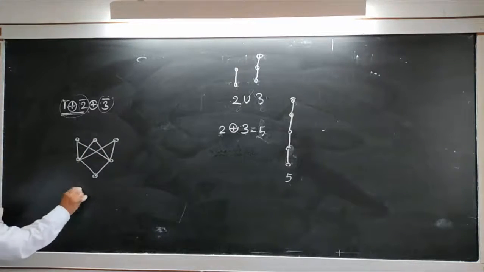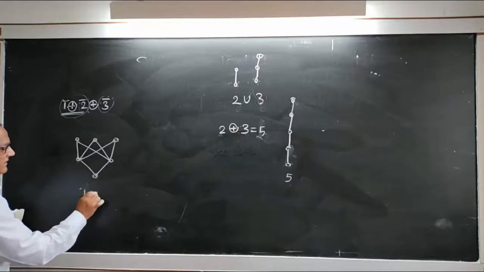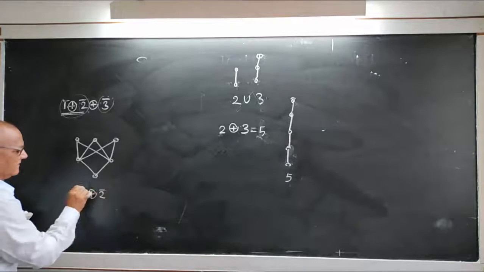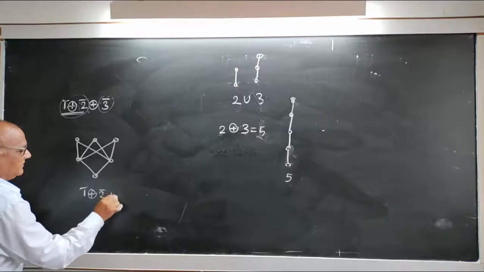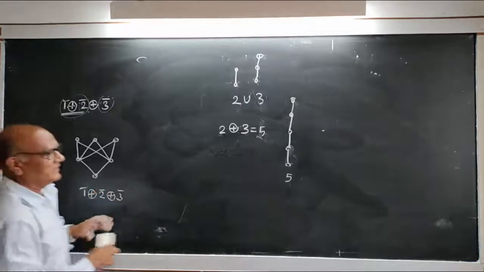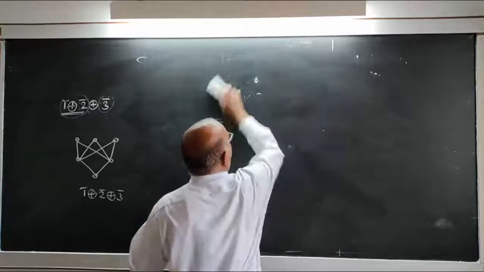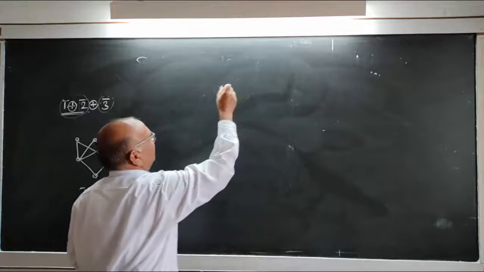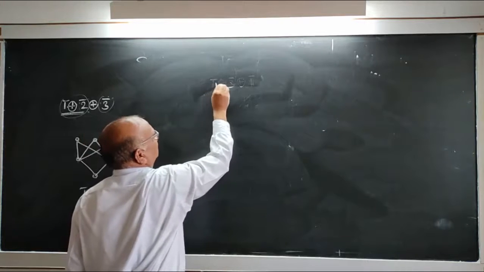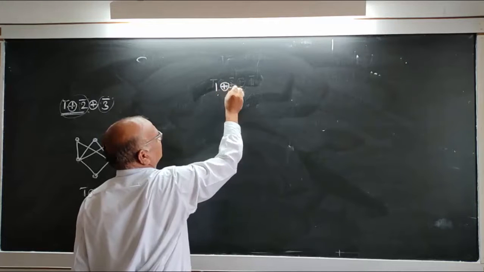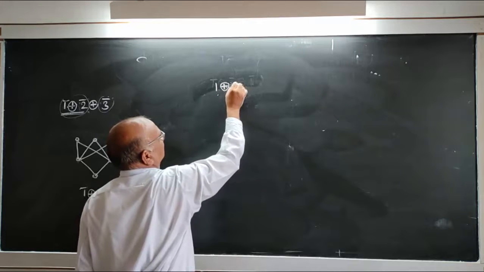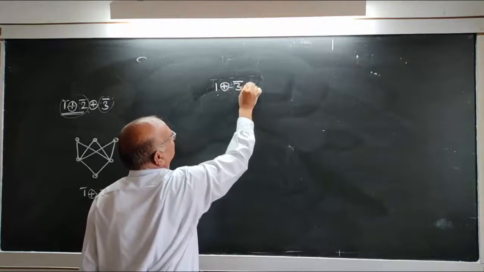This is 1 bar, 2 bar, 3 bar. Now see here again, 1 additional circle 3 bar additional circle 1.